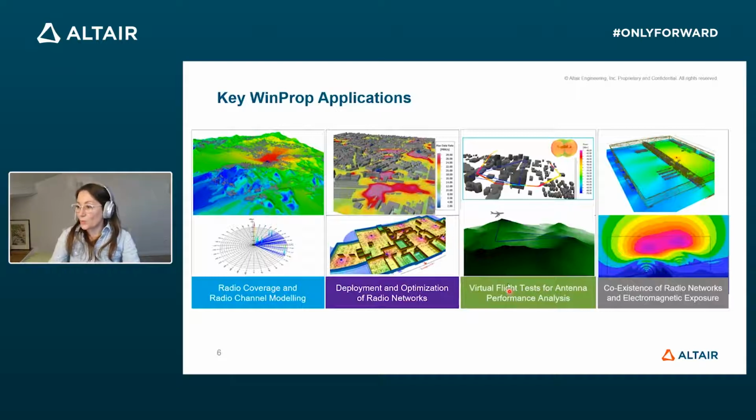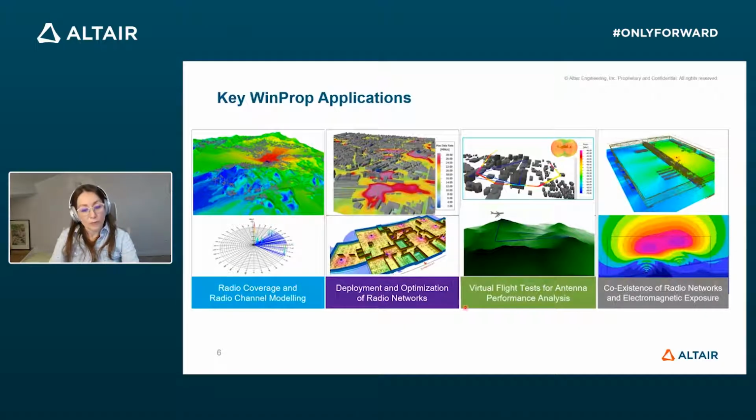So when it comes to Windprop, Windprop is actually a reference software which focuses on wireless analysis, mainly related to radio coverage and radio channel modeling, but also deployment and optimization of radio networks, as we can see here.